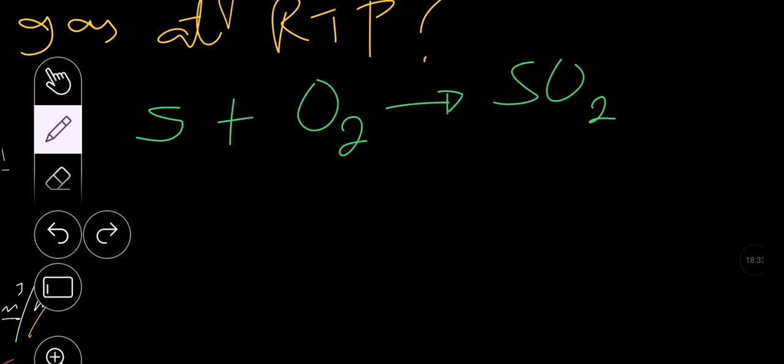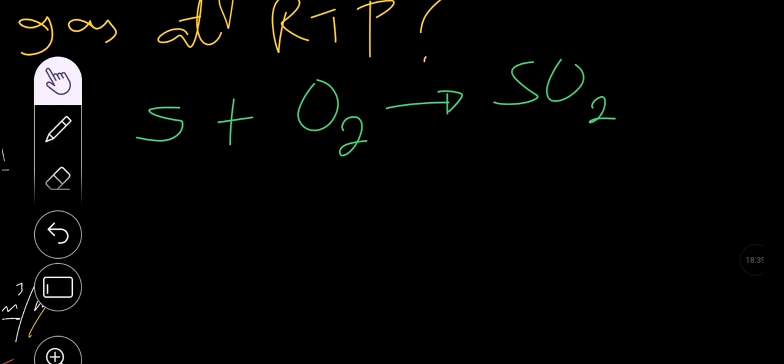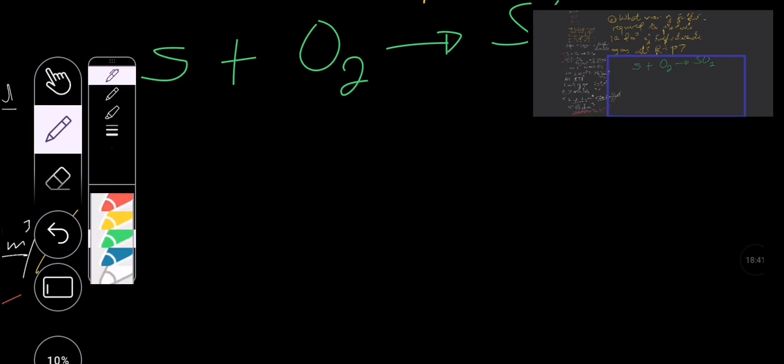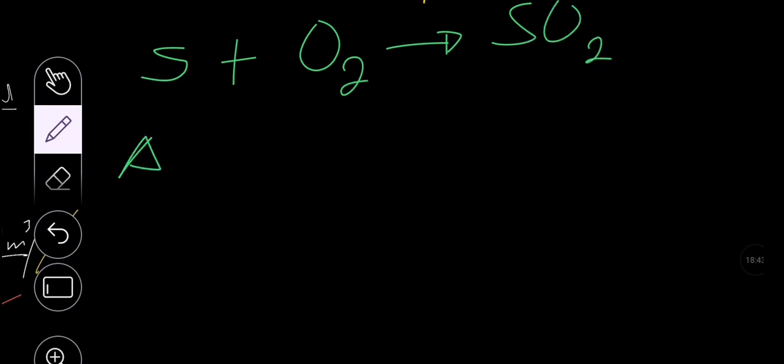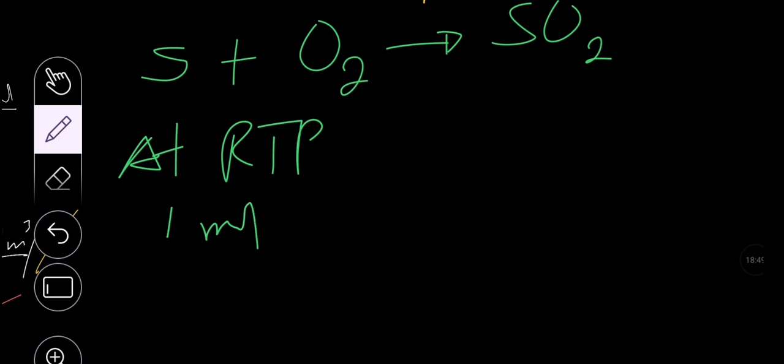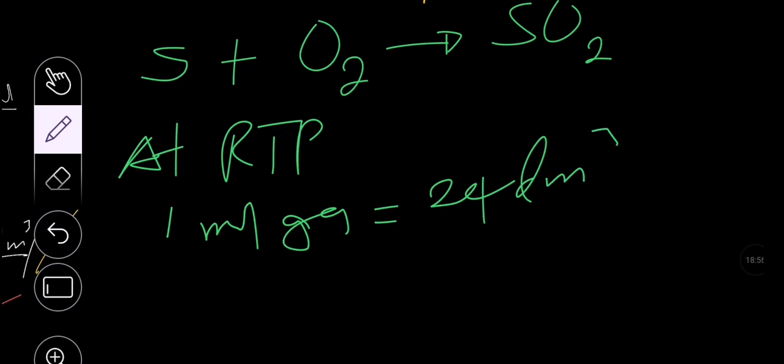Number one, we're going to find the moles of sulfur dioxide from the volume. This is how you can do it step by step. Step number one, you can write: at room temperature and pressure, 1 mole of any gas is equal to 24 cubic decimeter.